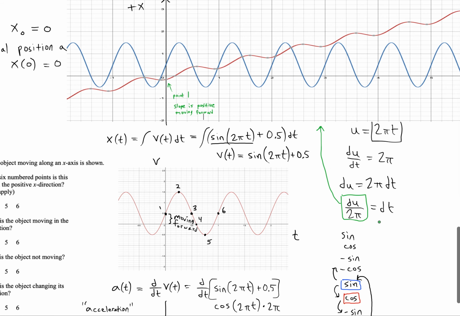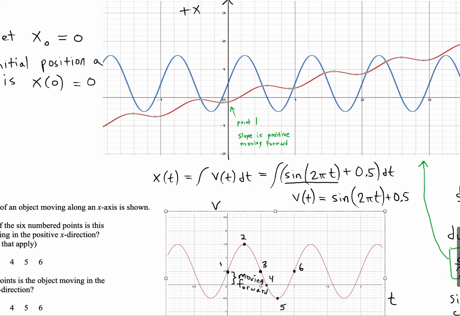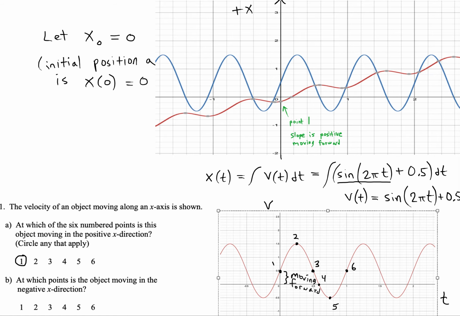All right, if we check out point 2. Point 2 lines up with right about here.